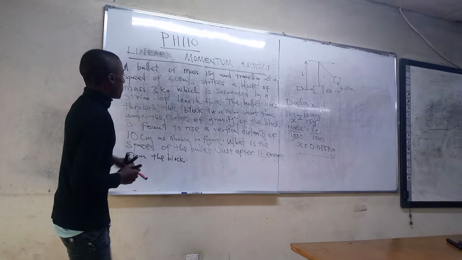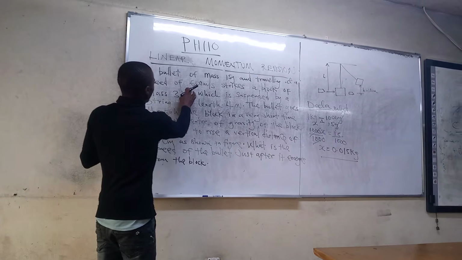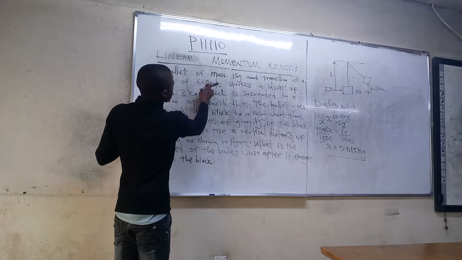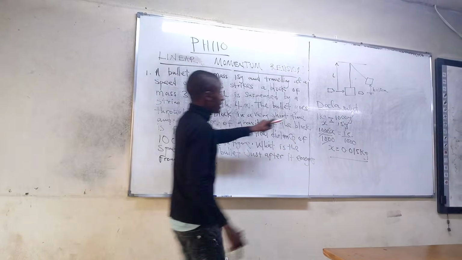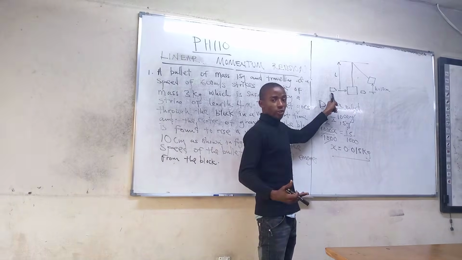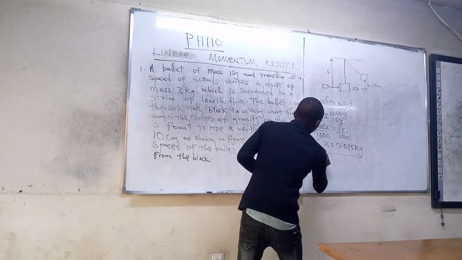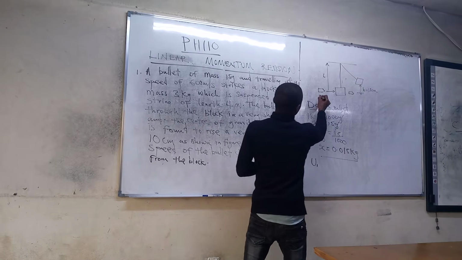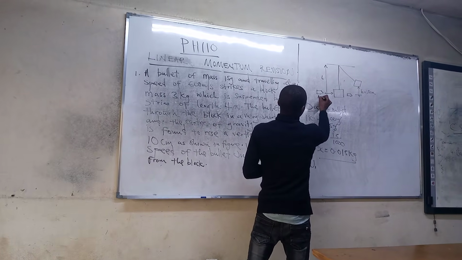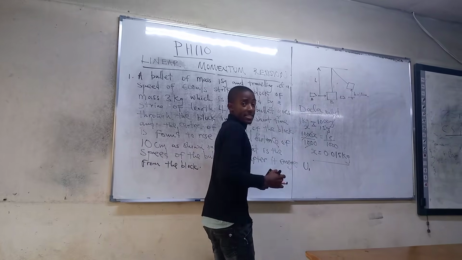And then they say this bullet was traveling at the speed of 600 meters per second, meaning this was the initial velocity, because the bullet was in motion also. So our initial velocity of the bullet, I assume to say this bullet is object A, and then this block is object B. Does it make sense?